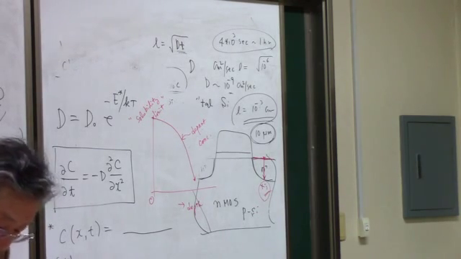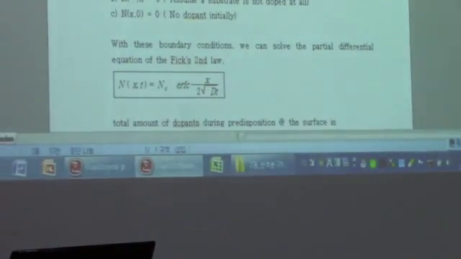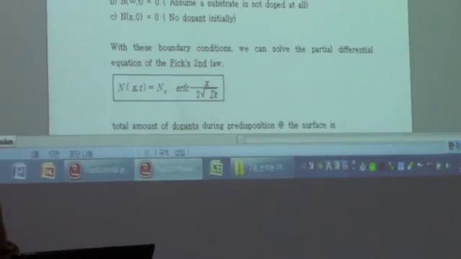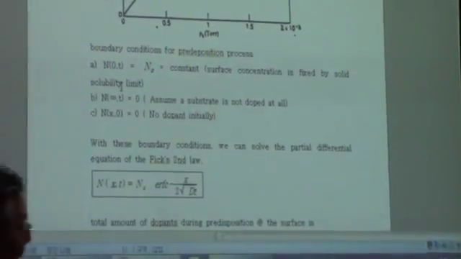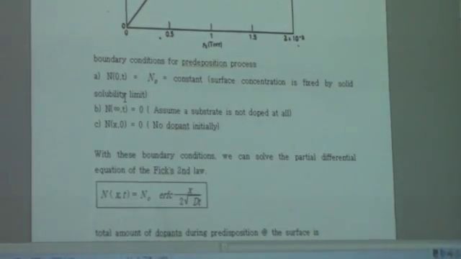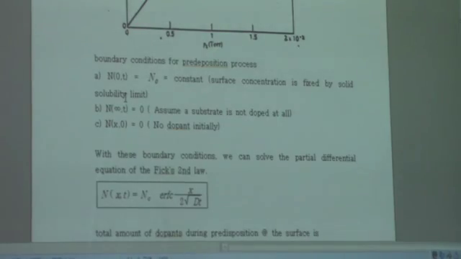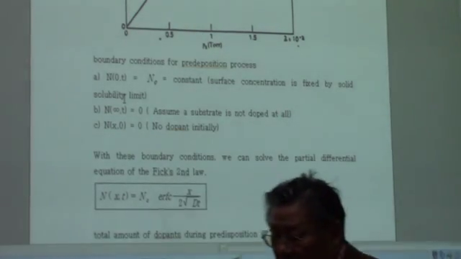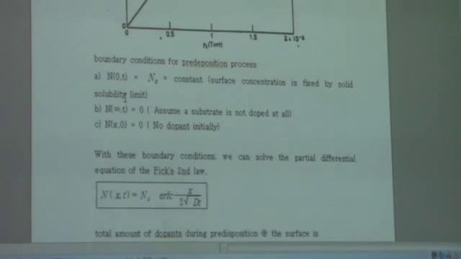Okay, and the boundary conditions have been summarized here for the pre-deposition process. C(0,t) means at the surface, at all times. The surface of the silicon wafer is always maintaining the concentration at the solubility limit.